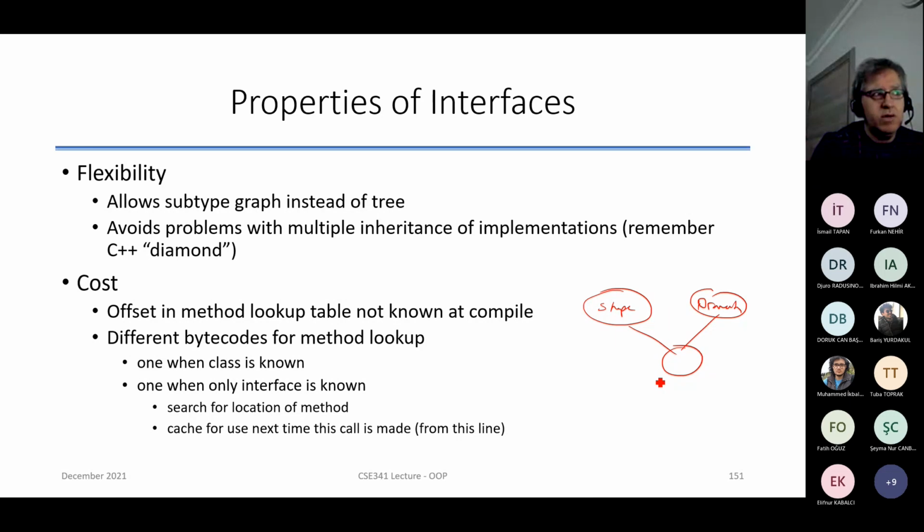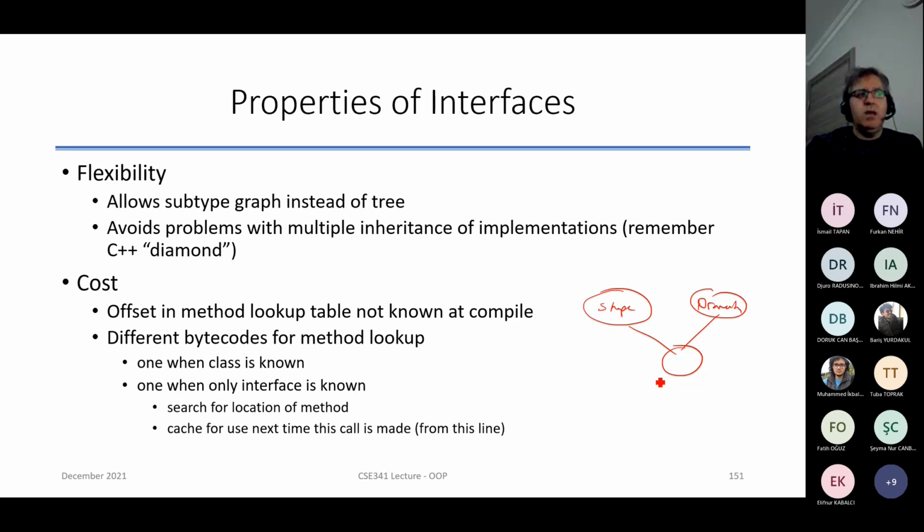You don't need to do a search. You can do some sort of method lookup with an offset or something like that. But when only the interface is known, what you do is you search for the location of the method. The bytecode does that, and then caches it for use the next time this call is made.